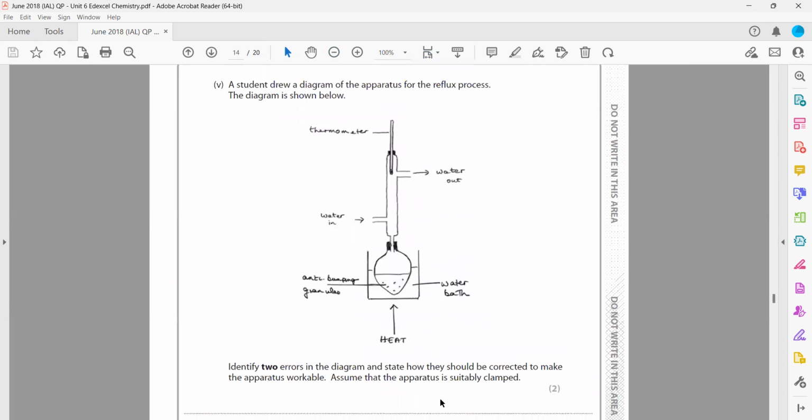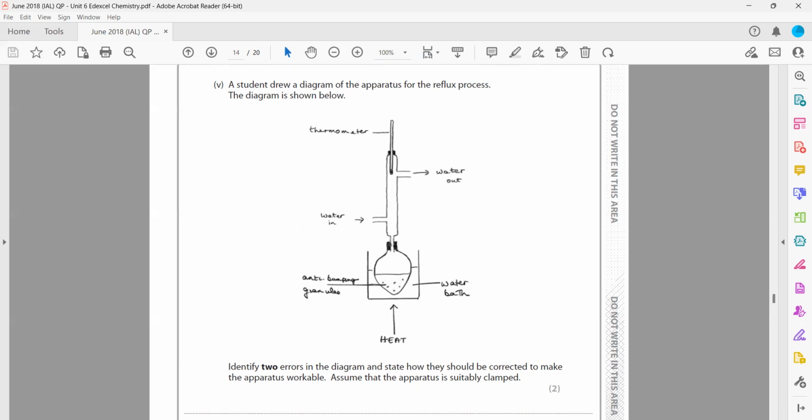So we have to identify, because it should be a reflux condenser, what the mistakes are here. First thing, this condenser: there should be a sealed condenser there, it should not allow any vapors to escape.